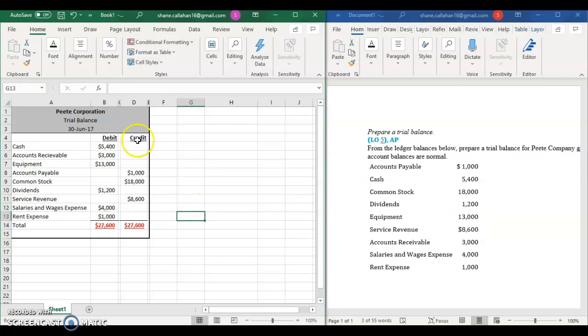So boom, at the end of the trial balance we should have matching debit and credit, which we do. The big disclaimer though for trial balances is that even though we have matching sides, we could have still made an error.